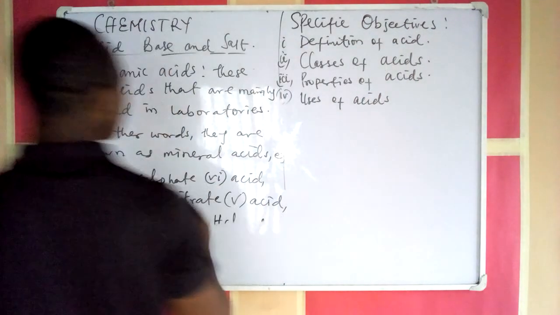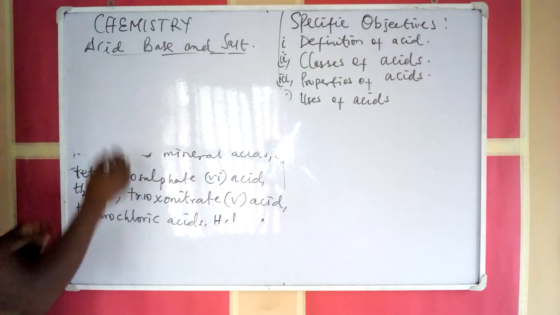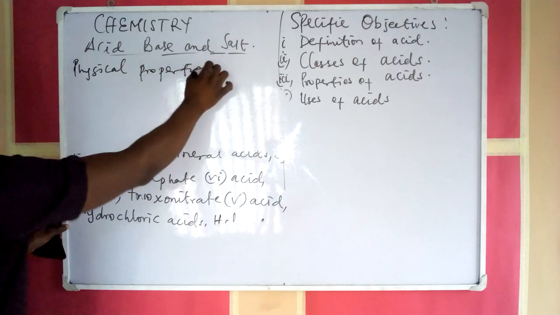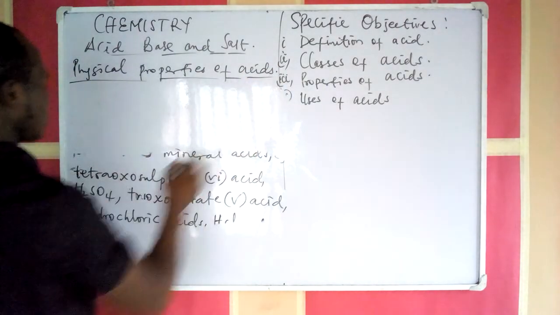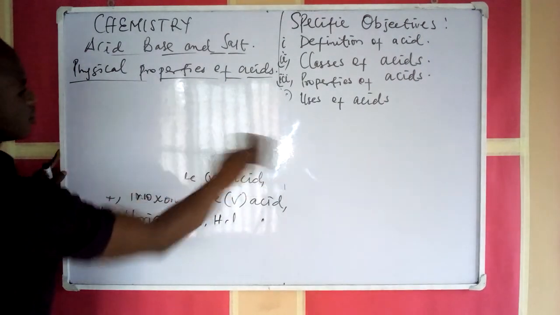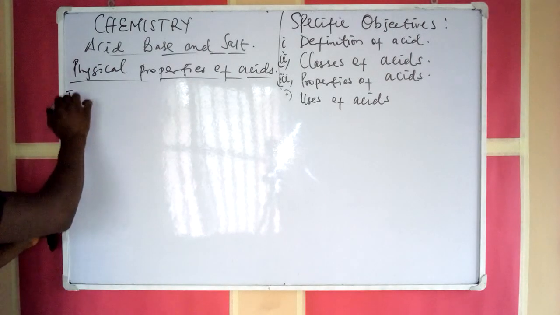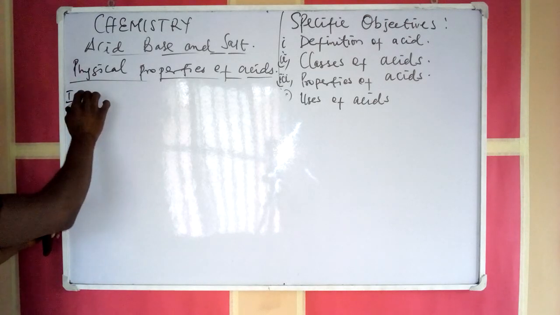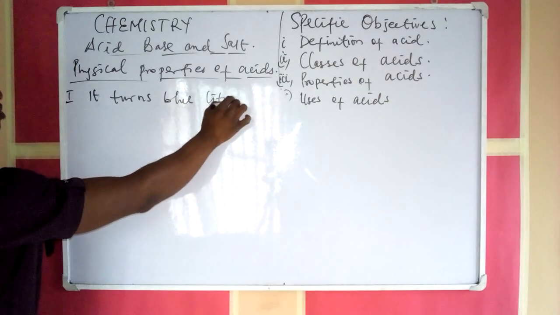So let's start with the physical properties of acids. The first: acid turns blue litmus red.